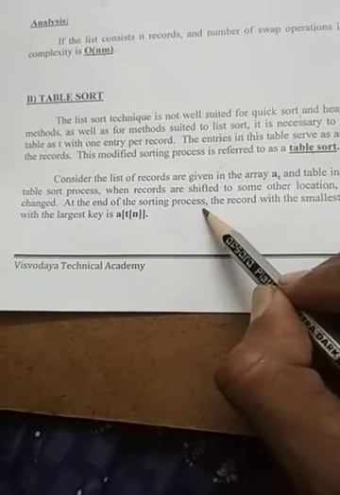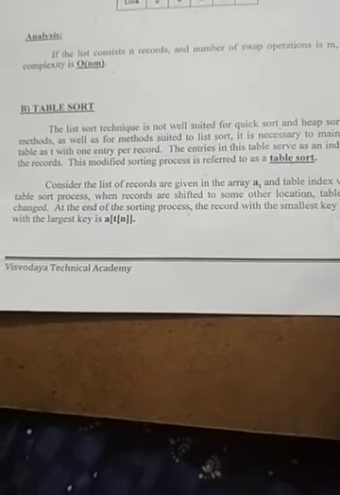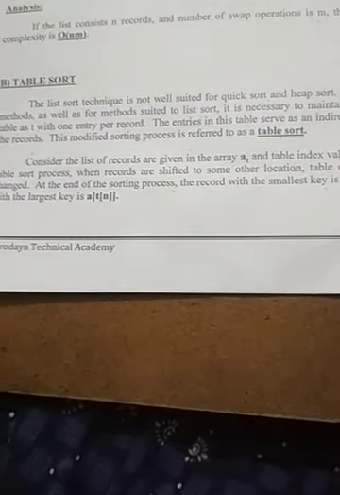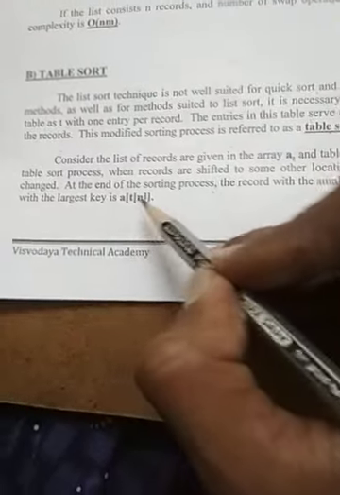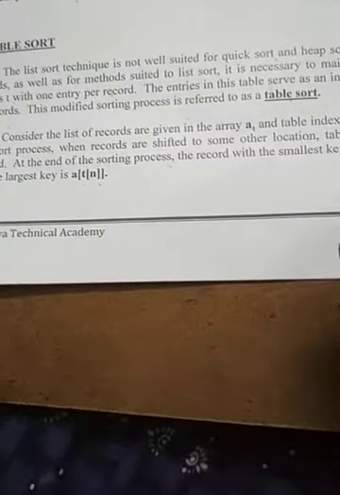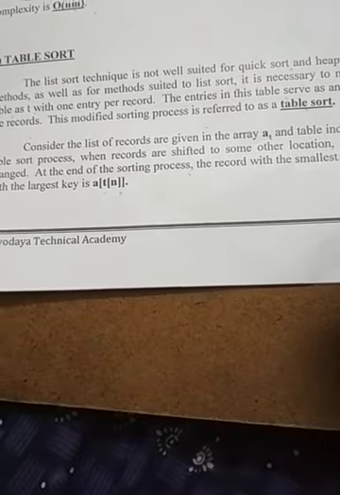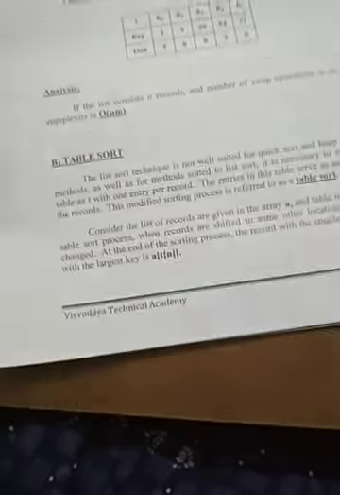At the end of the sorting process, the record with the smallest key is at A of T of 1 and that with the largest key is A of T of n. That means based on the values present in T, the list is sorted in this table sort technique.